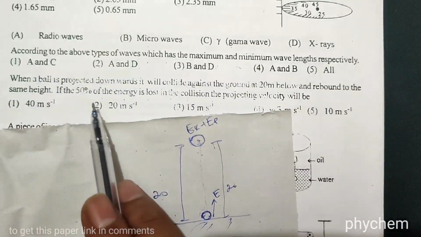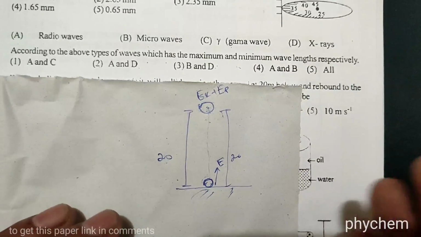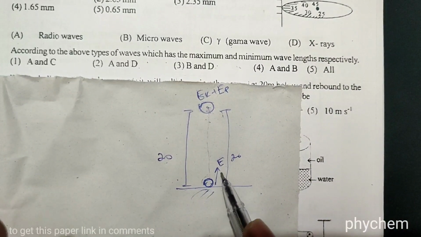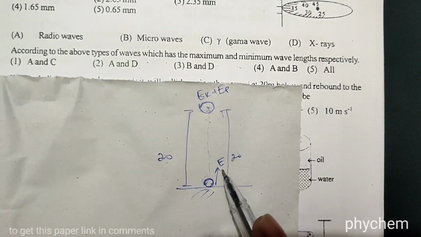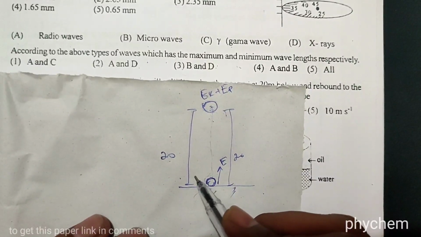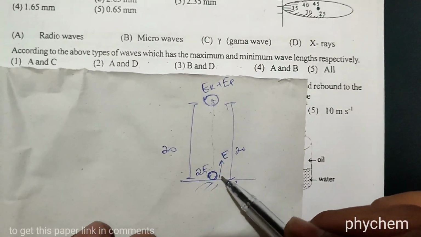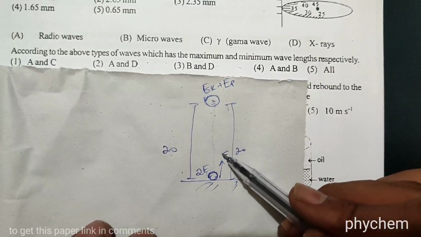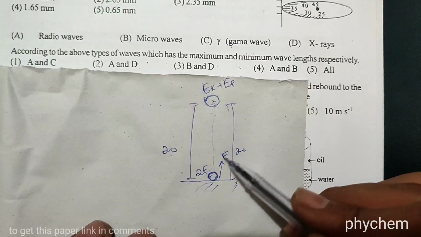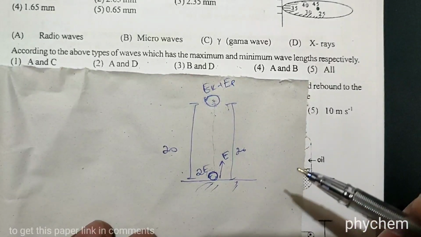According to their data, it lost 50% of energy by collision. So before the collision, after losing 50%, it has energy E. Before the collision, the total energy is 2E. And here you can see that this energy E is enough to go upwards 20 meters of potential energy.